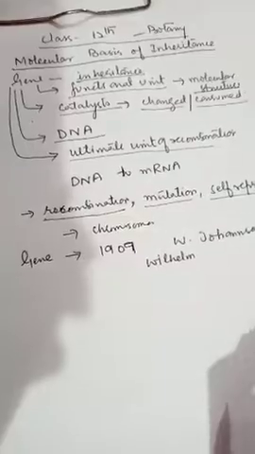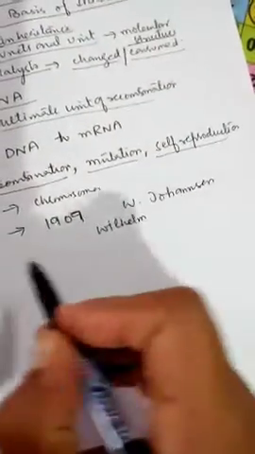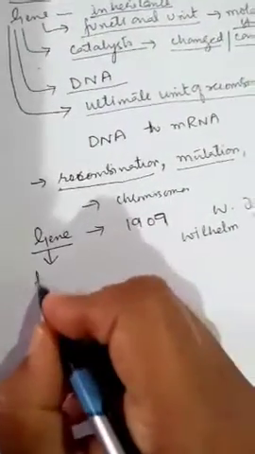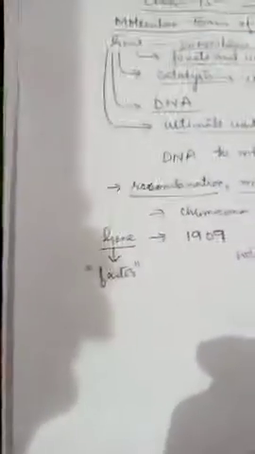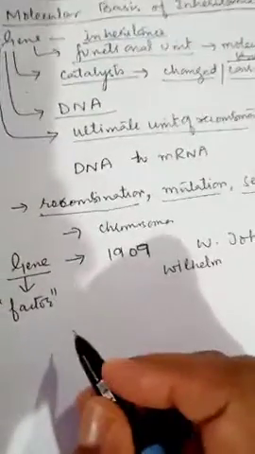William Johnson, and this gene, it has been used for the term factor, which was used by Mendel in his work. Now, where are these genes found on the chromosomes?